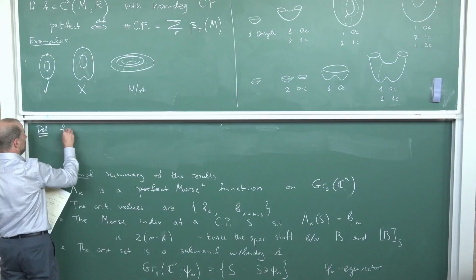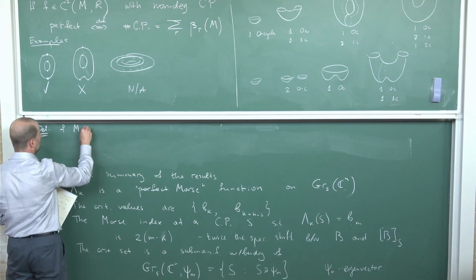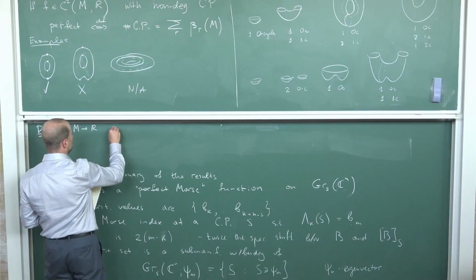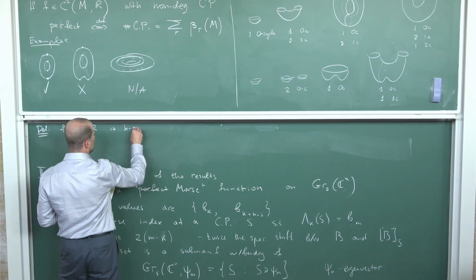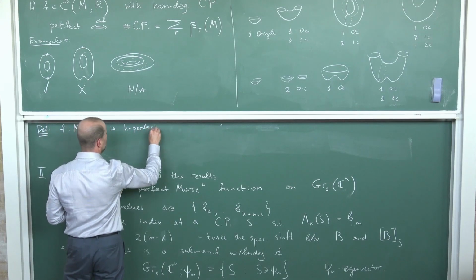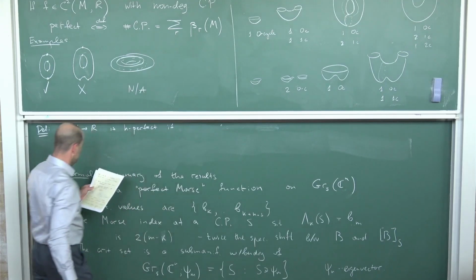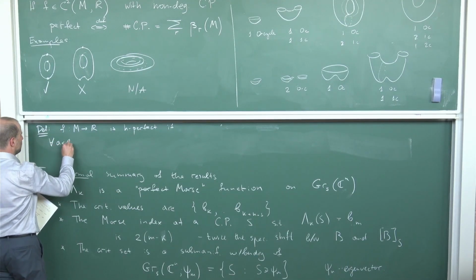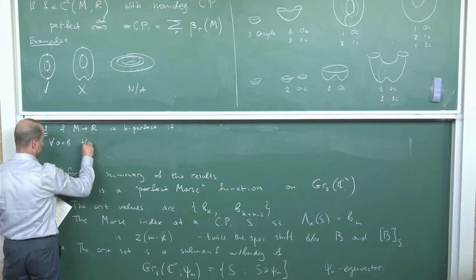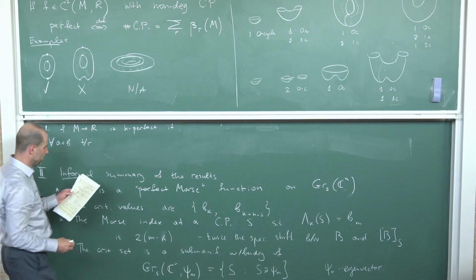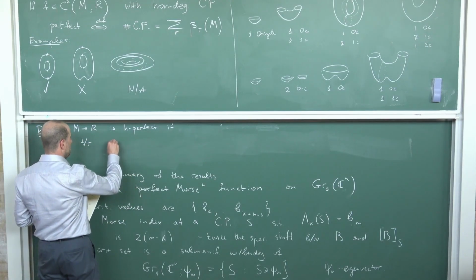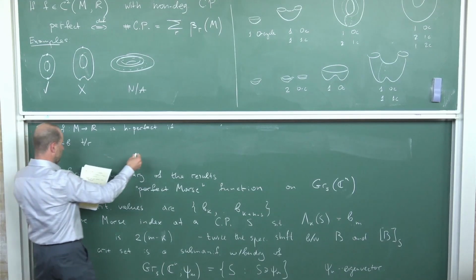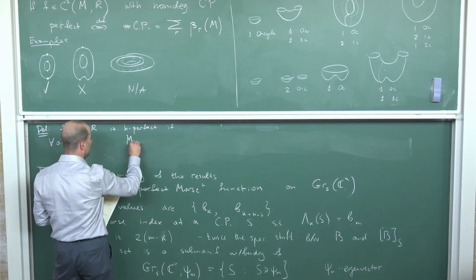So the rigorous definition is we have F, which is sufficiently nice. It's H, homologically perfect, if for any values A smaller than B, and for any R, there is an inclusion in the sublevel sets.